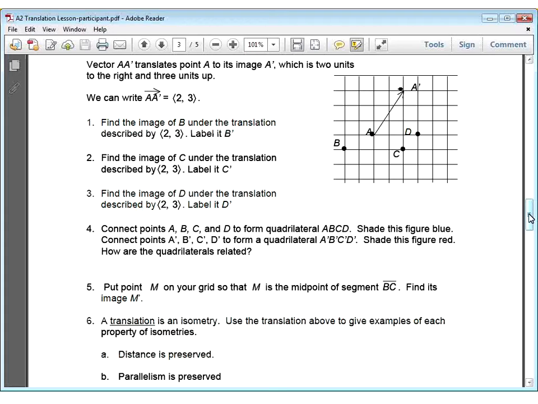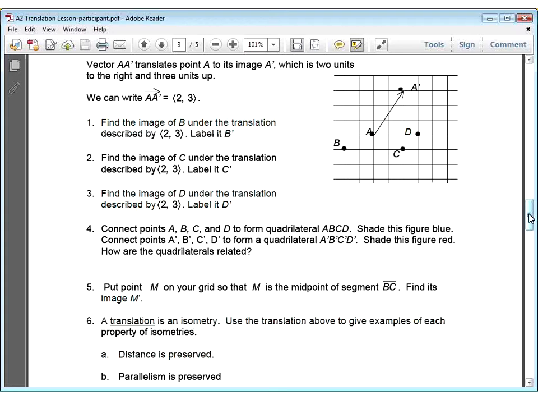That's x plus 2, and y plus 3. Does this work for any of those points? Does that x plus 2, y plus 3 work for any points on that translation? If I called letter B x, y, would that work? If I did letter C x, y?